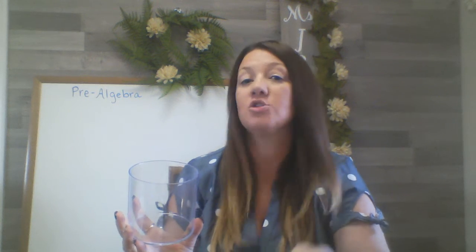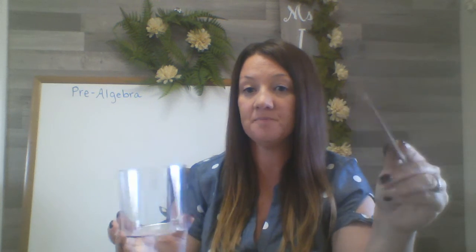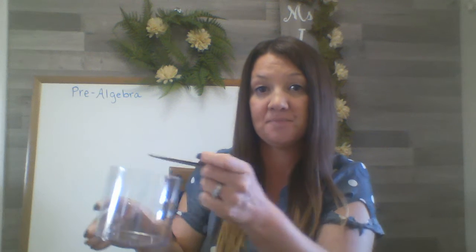Yes, it is a circle. So let's go back to this circle here. We know how to find the area of a circle, which again is pi r squared. So we take that area, and what do you think you are going to multiply that by in order to get the entire volume of this cylinder?